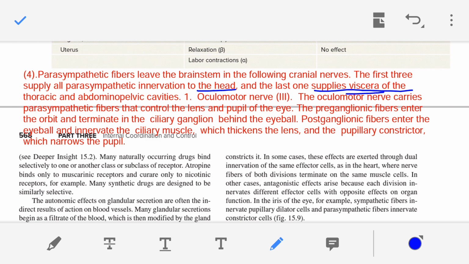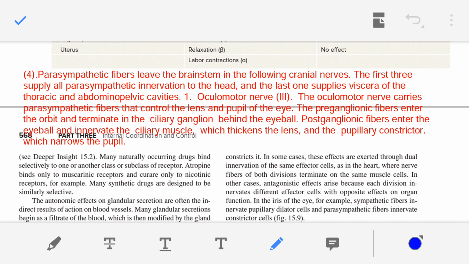Viscera means the bodily organs of the thoracic cavity, for example our chest region, and the abdominal and pelvic cavities. So the abdominal organs and the pelvic region organs are innervated by parasympathetic fibers.